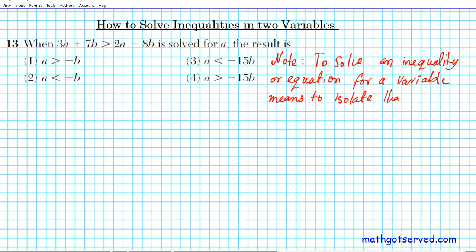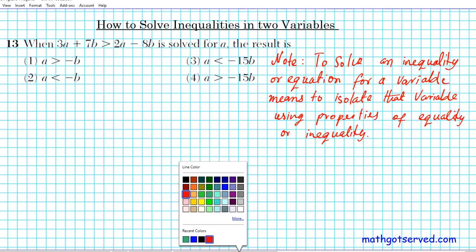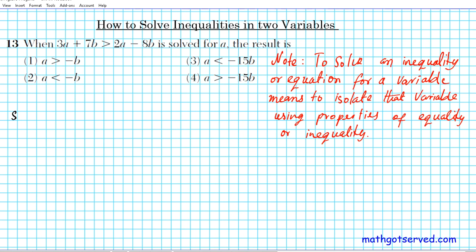Isolate that variable using the properties of equality or inequality, depending on what you're working on. In this particular case we're going to be using the properties of inequality because it's an inequality that we have. So the task is to solve for a. So just look at the word solve as isolate.